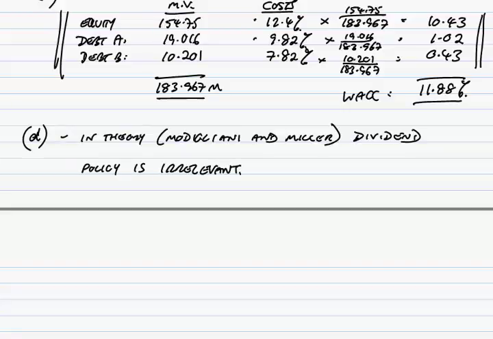The reason being, it's two things that go together. Lower dividend, well, now, if a company pays a low dividend, if they're retaining more, they'll grow more. So it means more growth in the future.